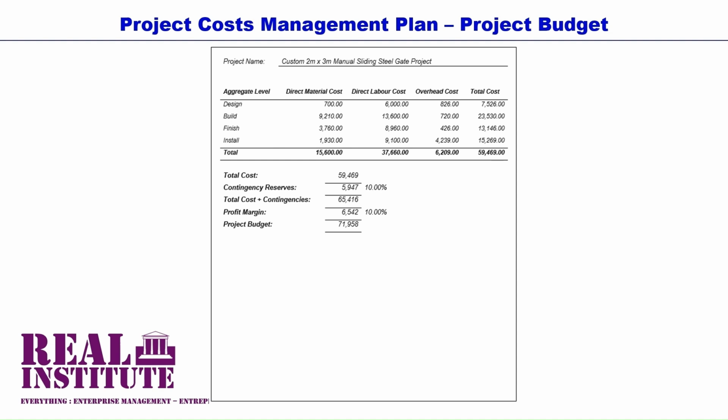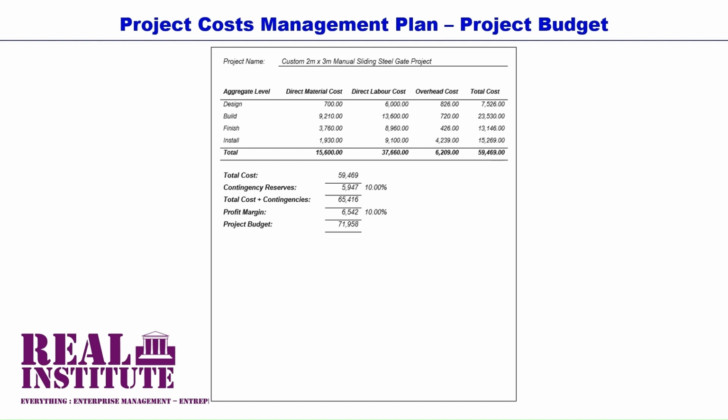This particular project fits this category. It is undertaken for profit, and the steelworks manufacturing project profit rate is 10% of the total project cost plus contingency reserves.